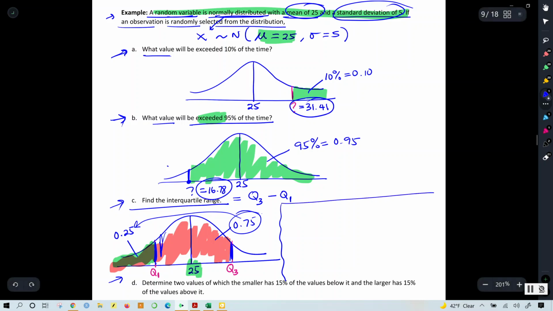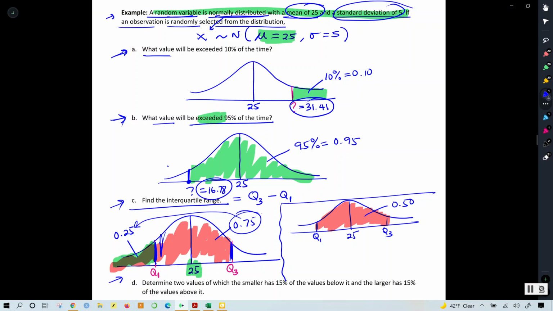So, in other words, we are looking at a curve where Q1 and Q3, this is the center value, and the region in the middle has a size of 0.50, which comes from 0.75 all the way from Q3 down, minus from Q1 all the way down.